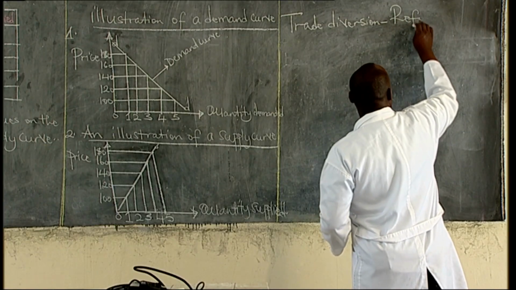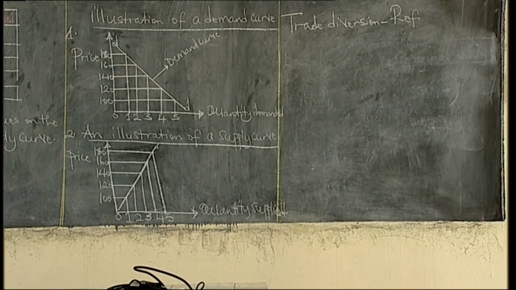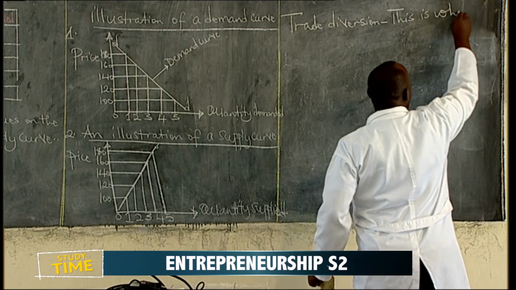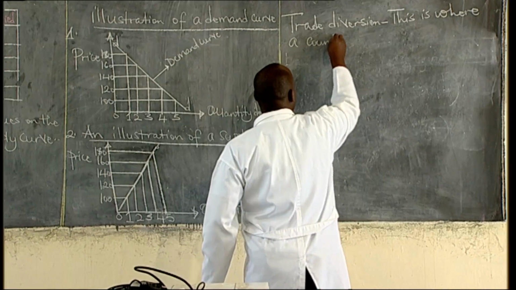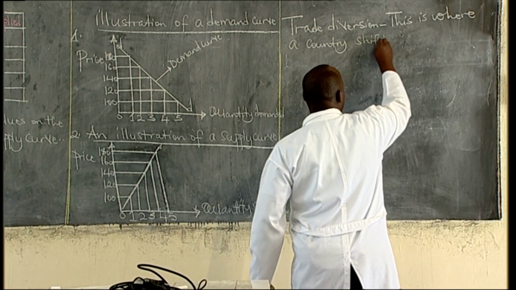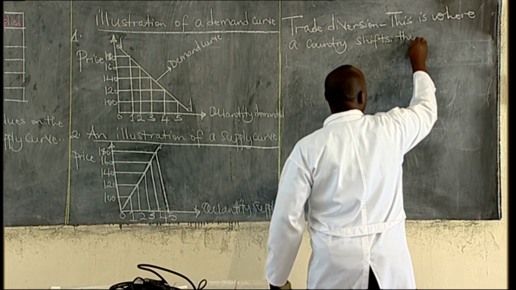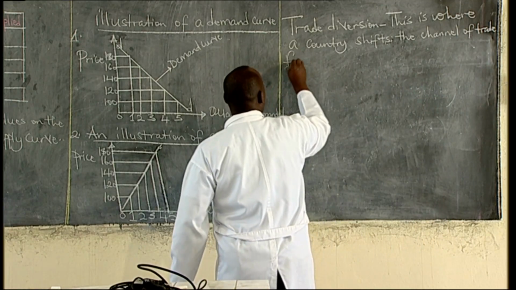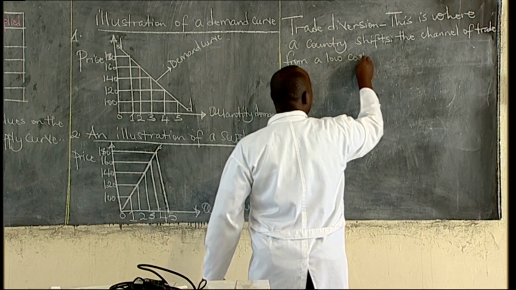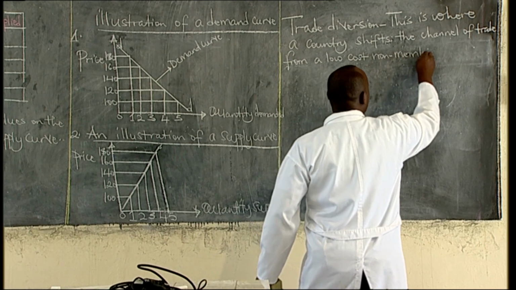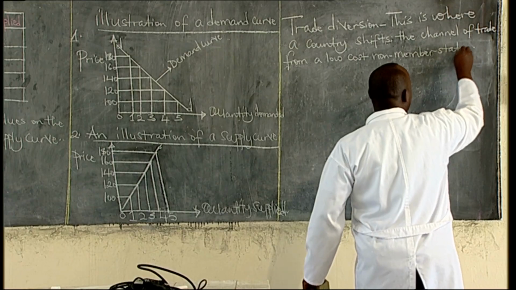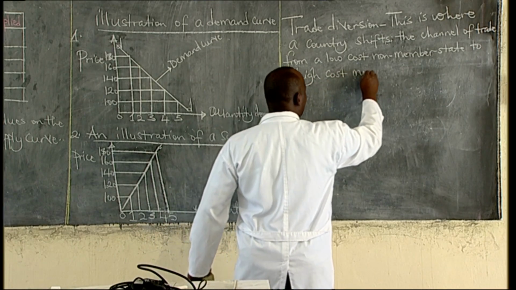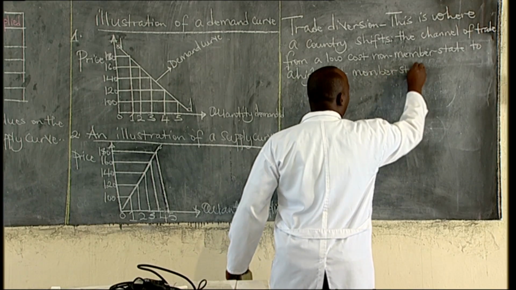This is where a country shifts the channel of trade from a low-cost non-member state to a high-cost member state. That is what we call trade diversion.